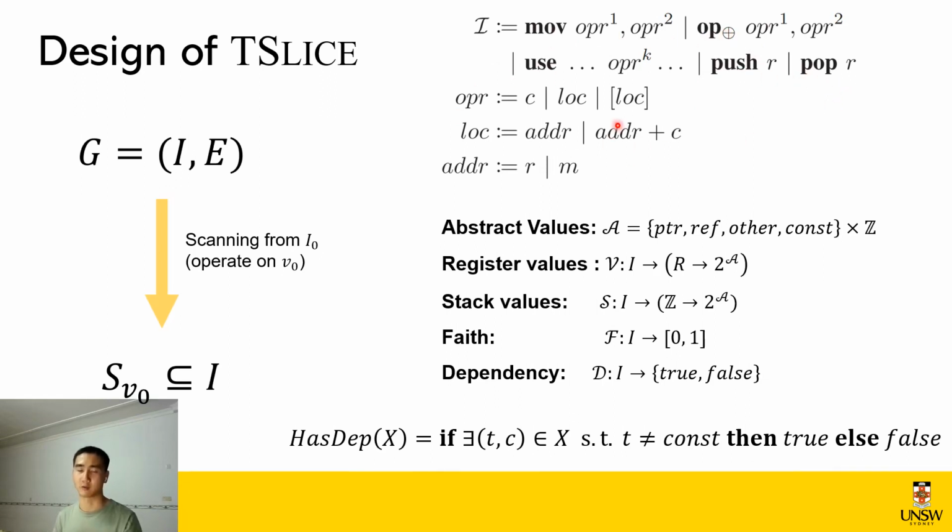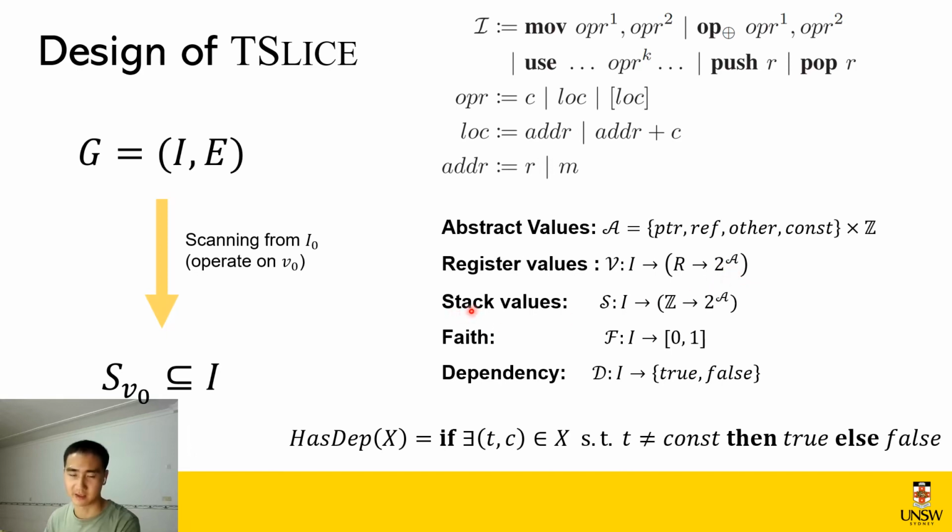When we analyze them, we have to keep a record of what values are stored in registers and stacks. Here we use abstract values. The abstract values are defined to be of 4 tags: pointer, ref, other, const, with an integer attached. For registers, on each instruction, we have to record each register to a set of abstract values.